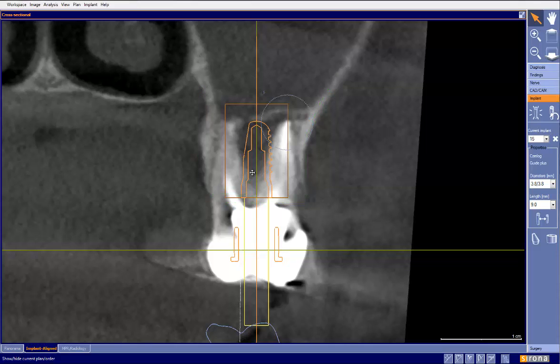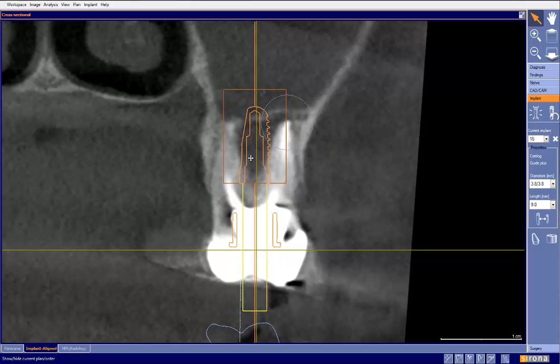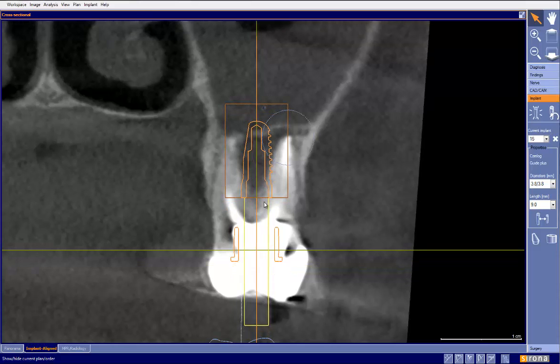So what I would recommend is typically planning the implant to about the level of the furcation, because when the tooth is removed from this level of the bone right here, we're going to expect about 1 millimeter bone loss, okay? And maybe a little bit more in the posterior maxilla because it's not very good quality bone.